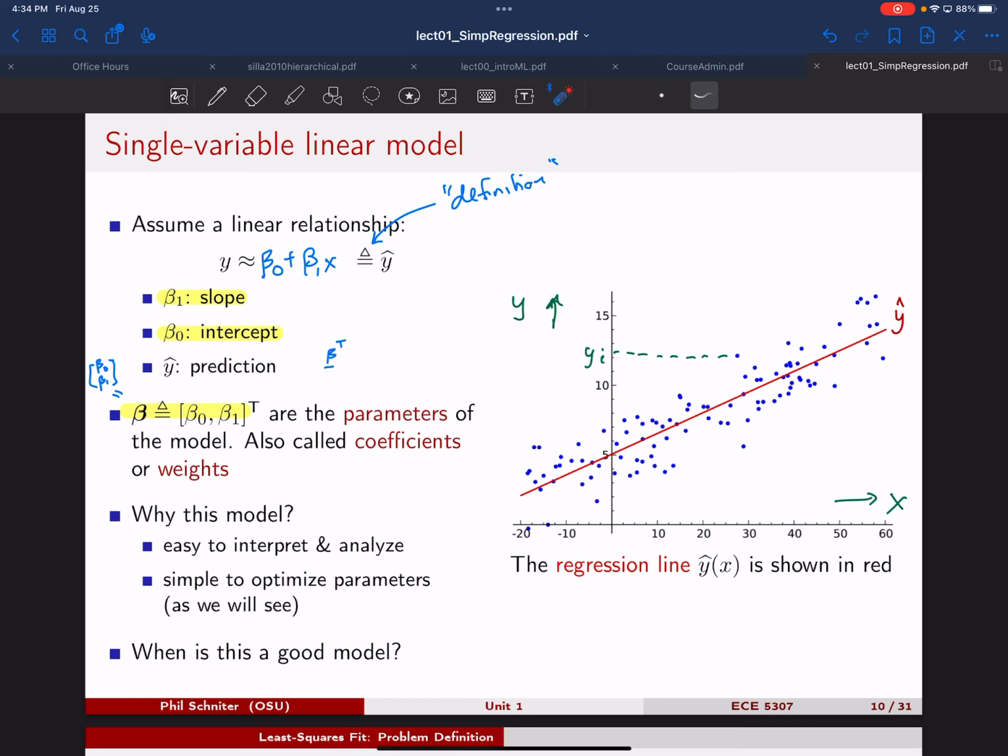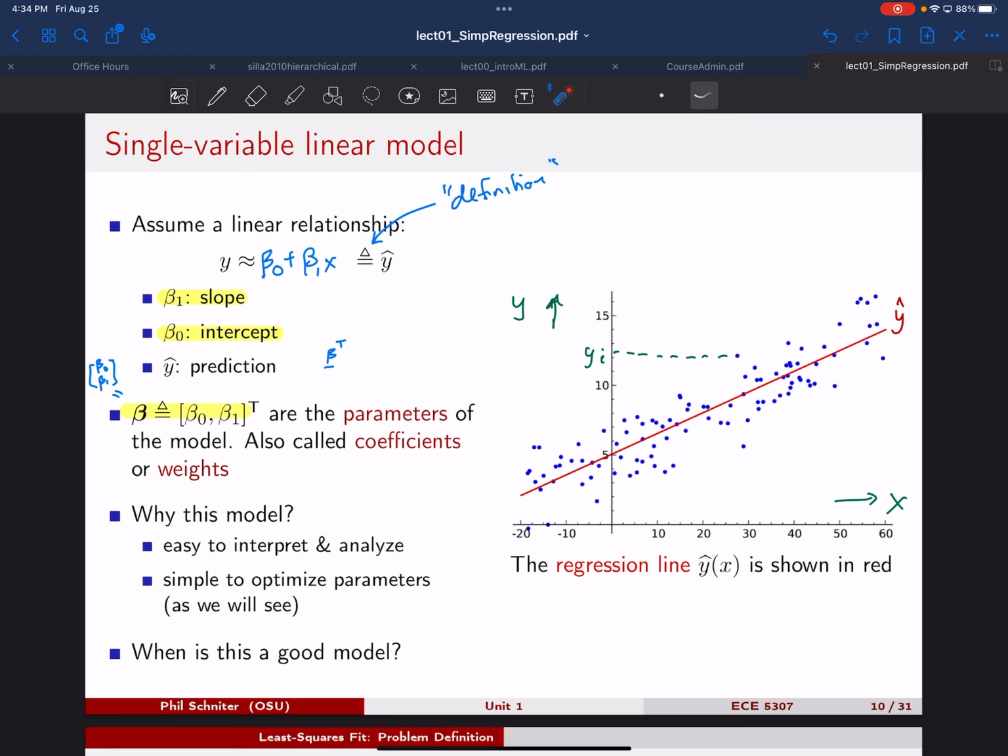We talked a little bit about when this is a good model. I think people basically explained informally that for whatever model you have, you want your samples to be near the model. You don't want samples really far away from the model, because then it seems like the model's not accurately describing your data.